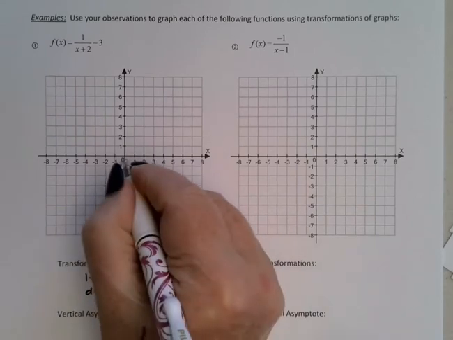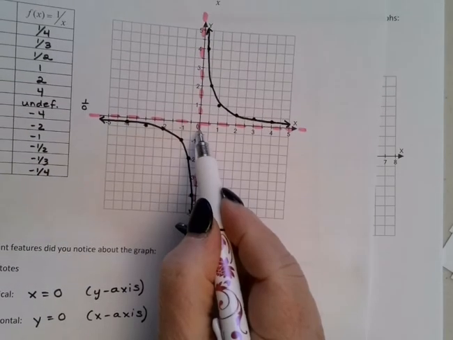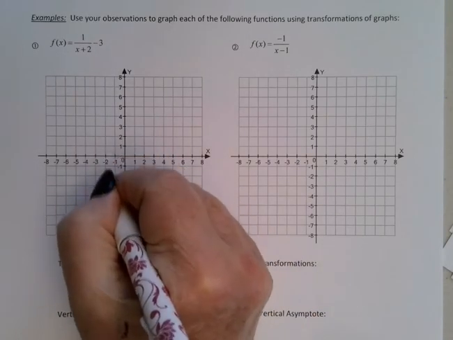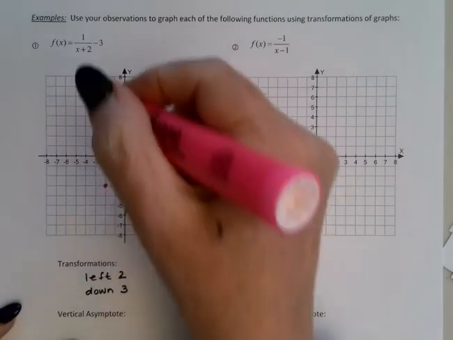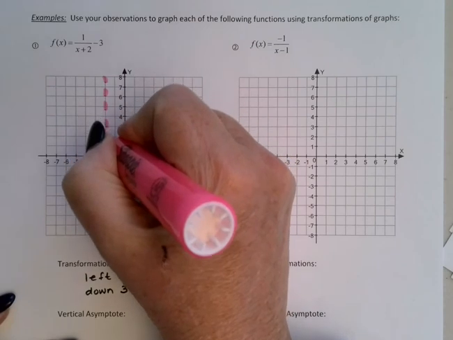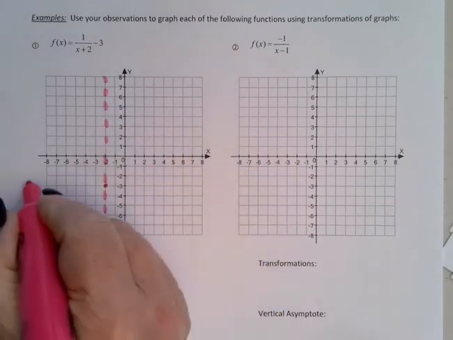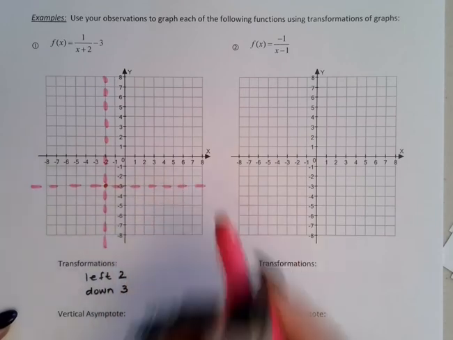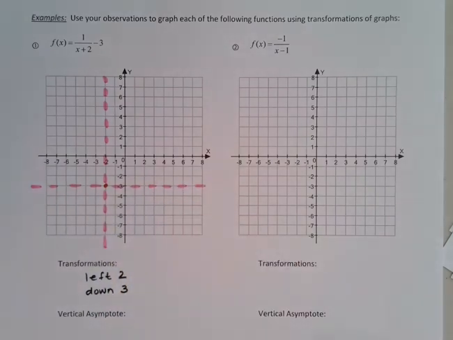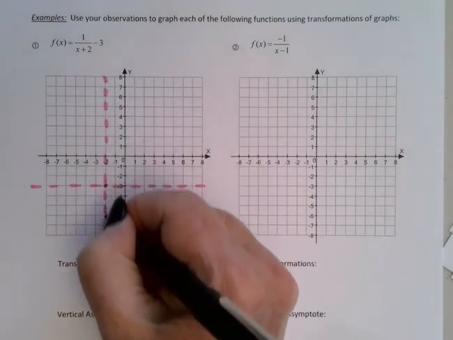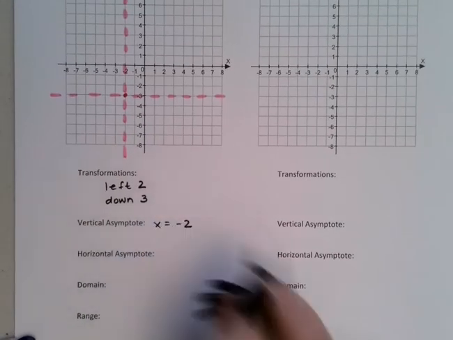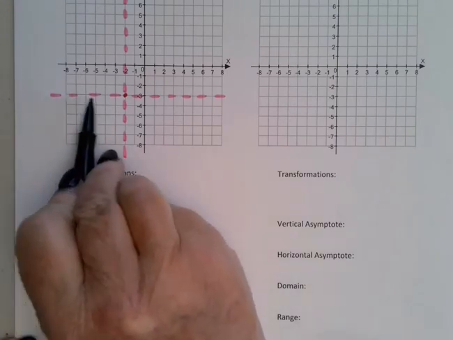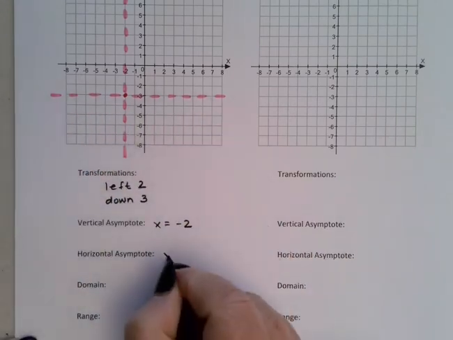So I'm going to take my origin, which was where my asymptotes originally met, and I'm going to shift that to the left 2 and down 3. I'm now going to draw new asymptotes vertically through my point and also horizontally through my point. So my new vertical asymptote, this line here, is x equals -2. And my new horizontal asymptote, that line, would be y equals -3.